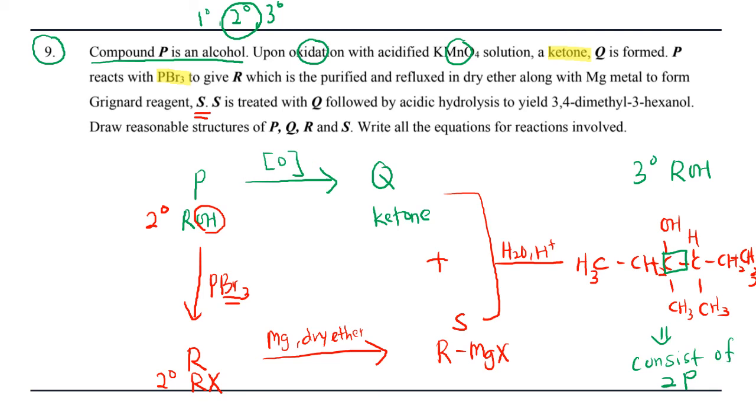Now draw the reasonable structure for P, Q, R, and S, and then write all the equations for the reactions involved.